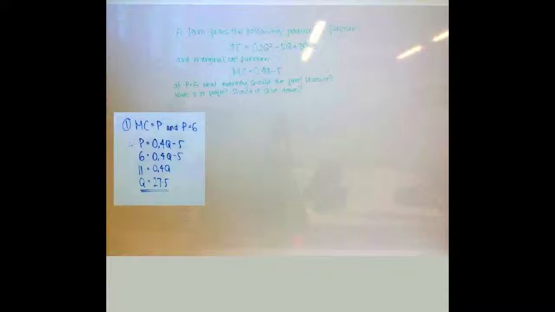And through this, we are able to find Q. So we substitute 6 into P. So 6 equals 0.4Q minus 5. Therefore, 0.4Q is equal to 11. And Q is 11 over 0.4, which is 27.5. So now we have Q, which is equal to 27.5.